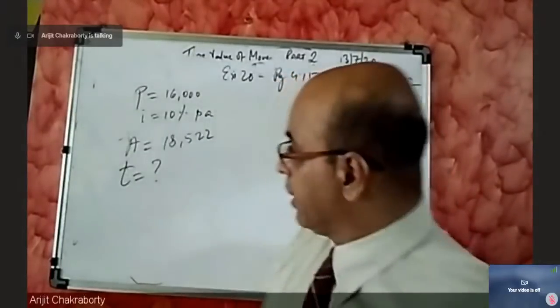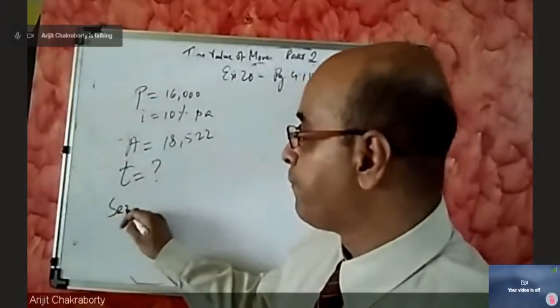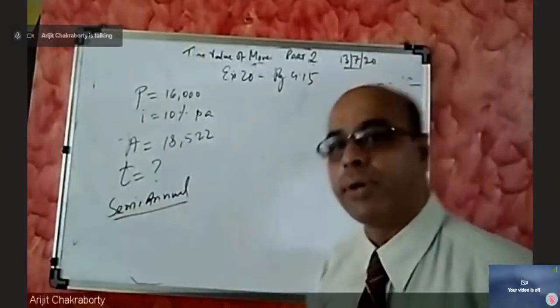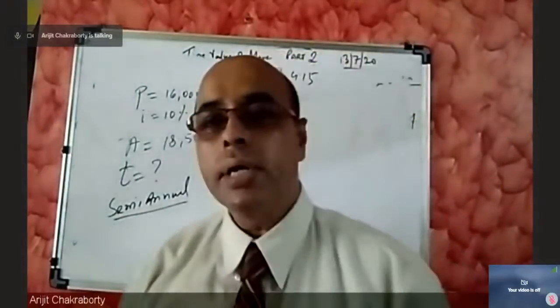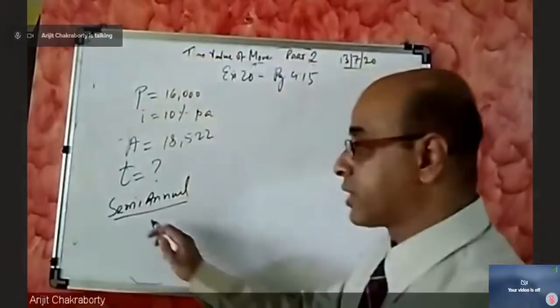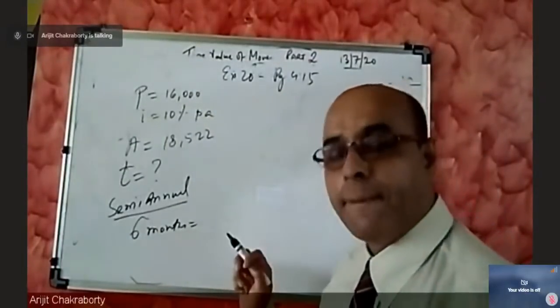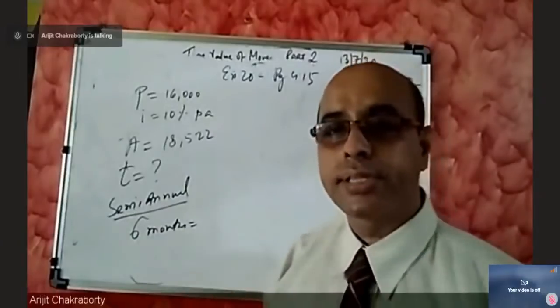Since it is semi-annual compounding, we have to find the interest for the period. Semi-annual means 6 months, half of a year.